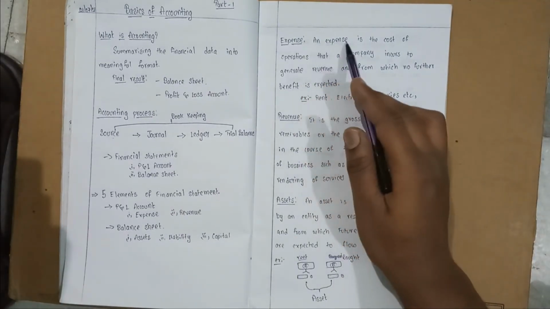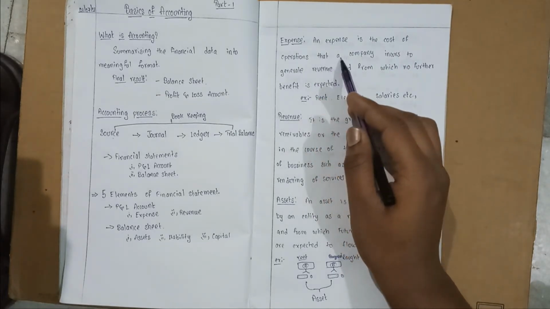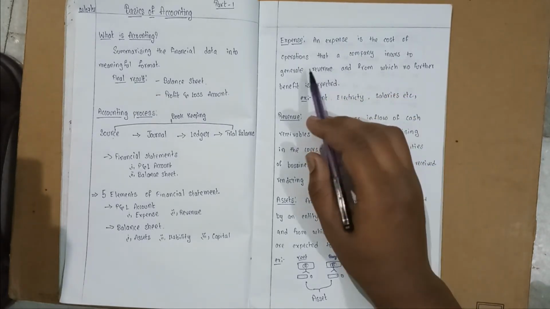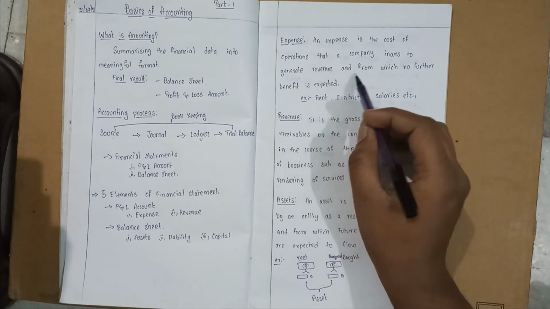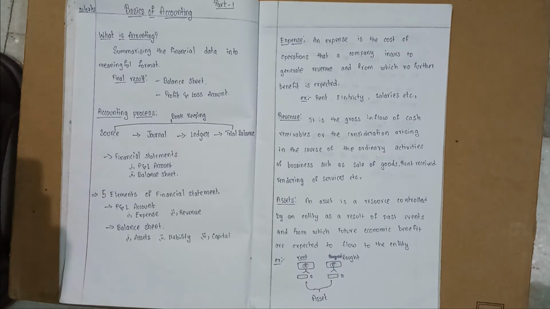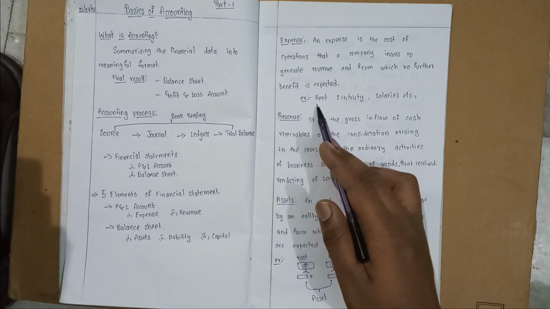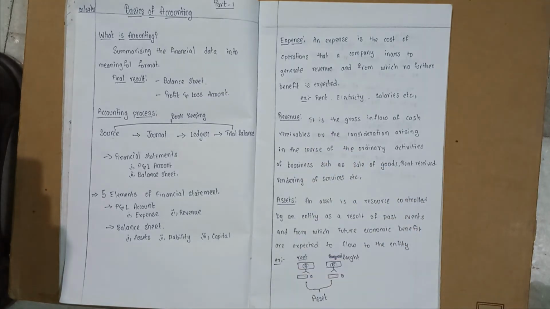Expense. An expense is the cost of operations that a company incurs to generate revenue and from which no further benefit is expected. An expense means expenditure. If at the end of the month we pay rent, it means we have taken benefits from the room or a place, and we have paid the amount to the owner.